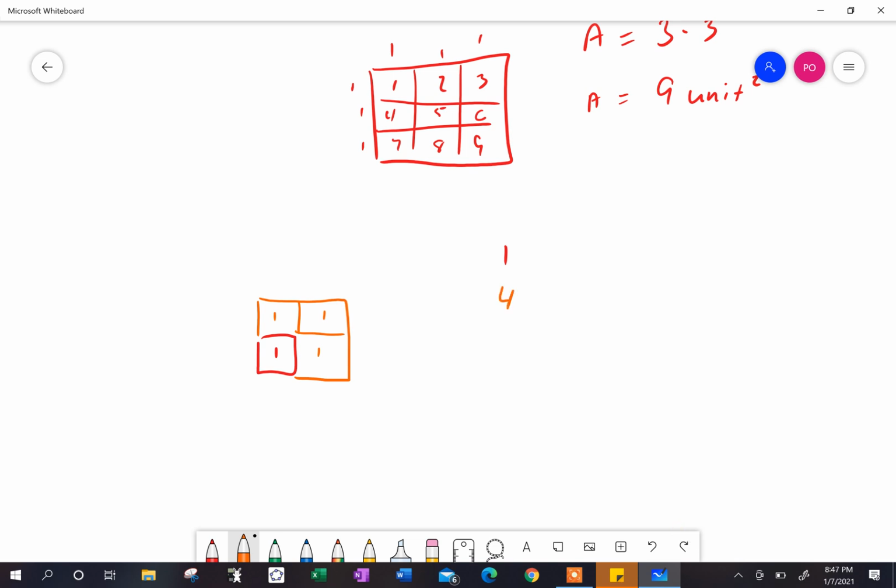So maybe I should do this. 1 squared equals 1. But if I draw that square, I get 2 squared, which is 4. And if I continue on and I draw this, I get 3 squared, which is 9.